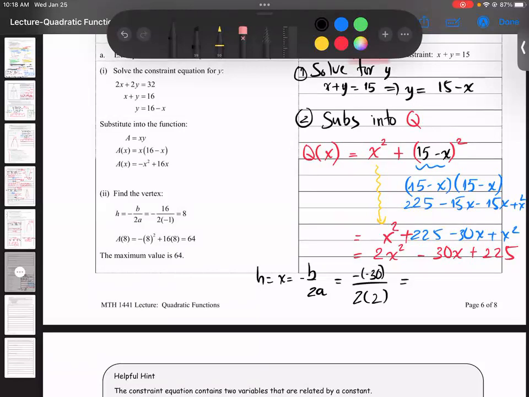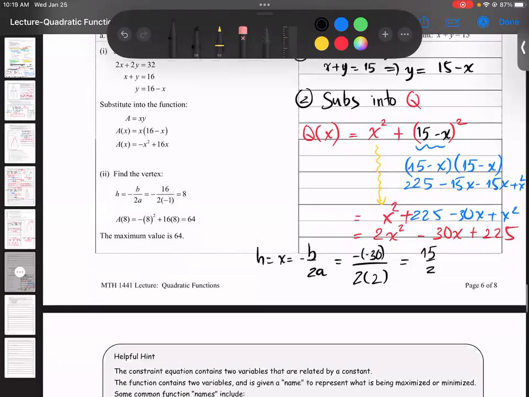So 15 over 2. k or y is going to be 2 times x squared minus 30 times x plus 225.